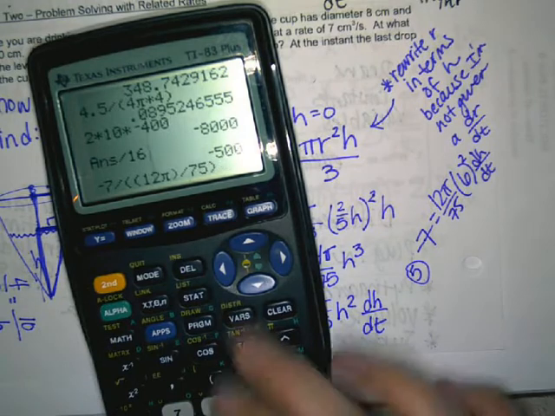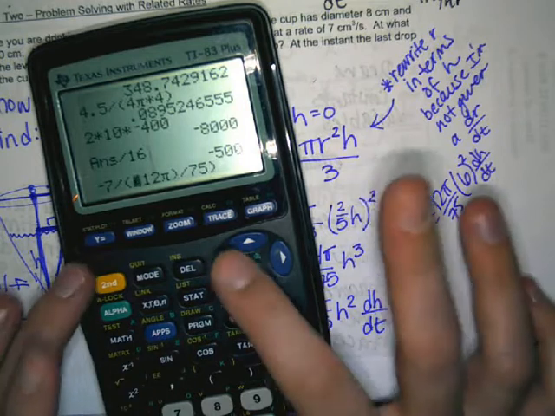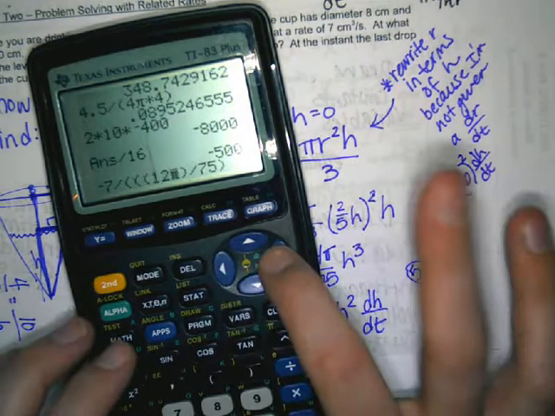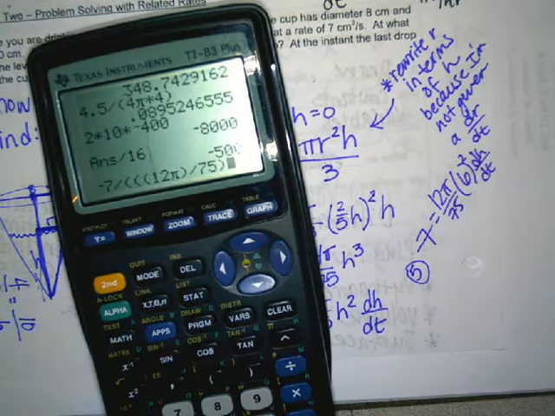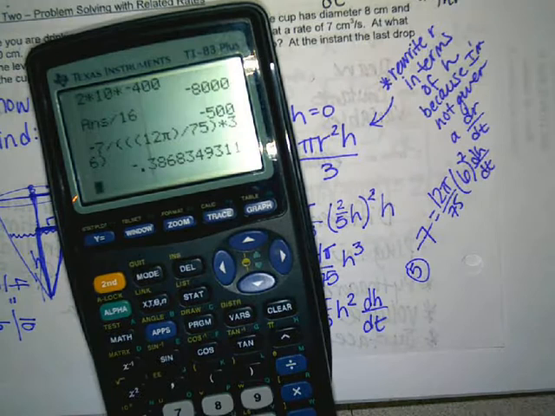I think I need parentheses. And then times 36. You should end up getting a negative 0.387.